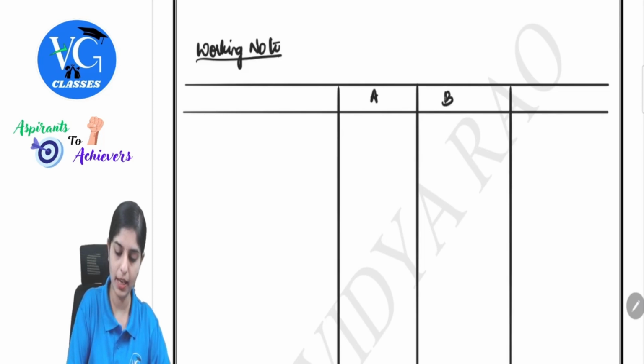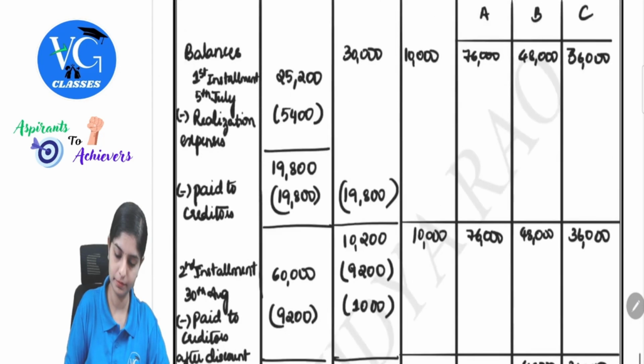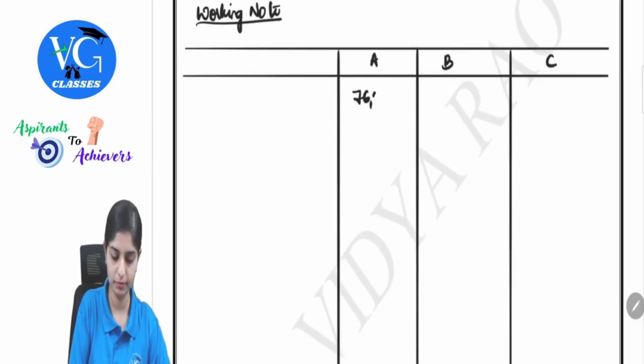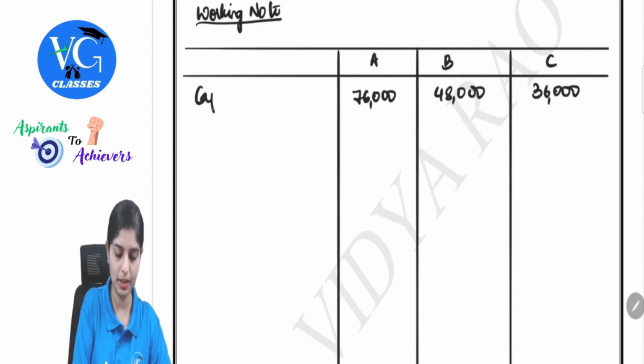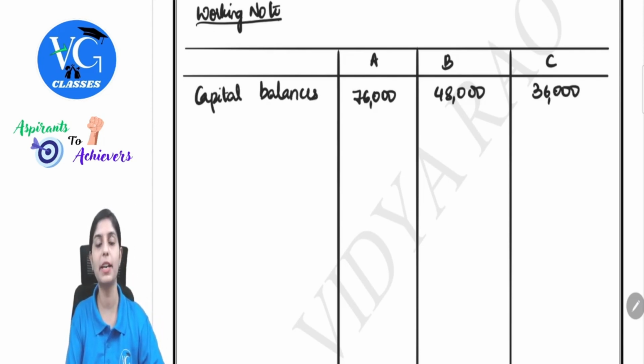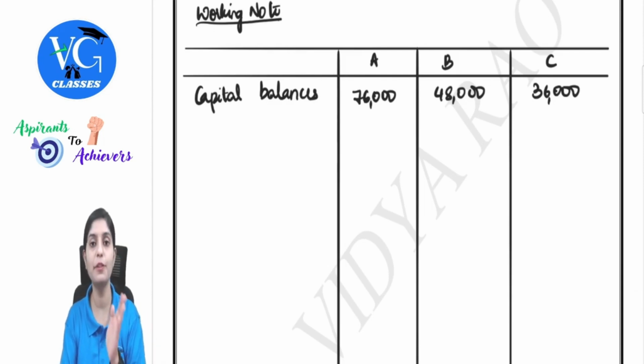So A, B, and C: 76,000, 48,000, 36,000. So these are the capital balances. What we are going to do from this statement is find out the capital on a proportionate basis, that is, which partner gets the first priority and what is their order of payment.